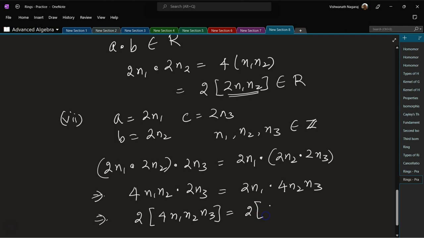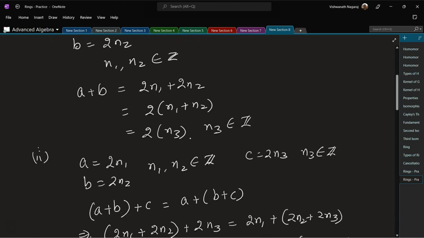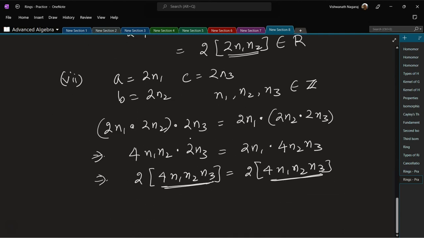Again, we can write this as 4n1n2n3. So this is an integer and it is in that form. So this is associative.